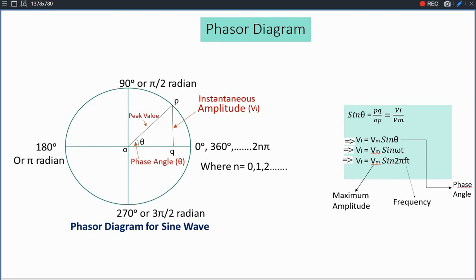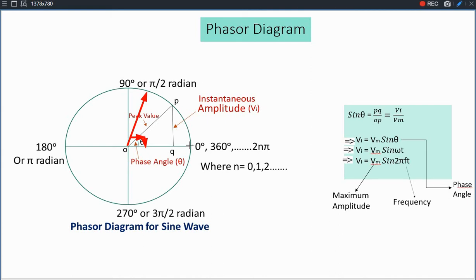Let me show you here: if this OP line is moving anti-clockwise, suppose at any instant this is the angle. So this is the angle and this is the line.